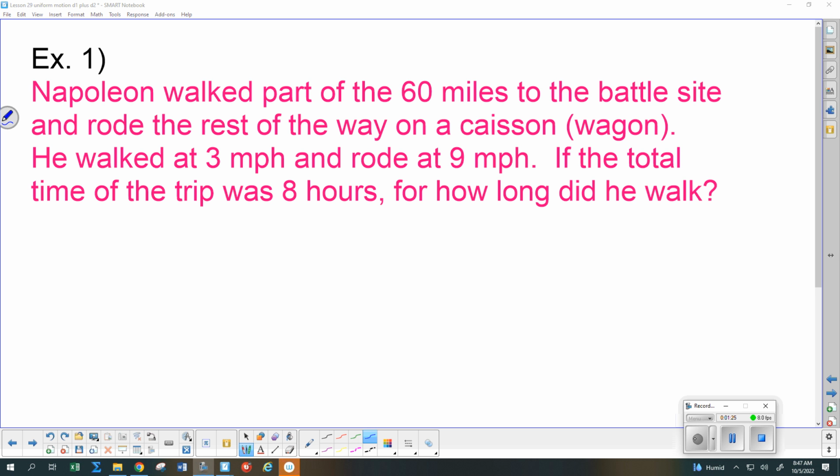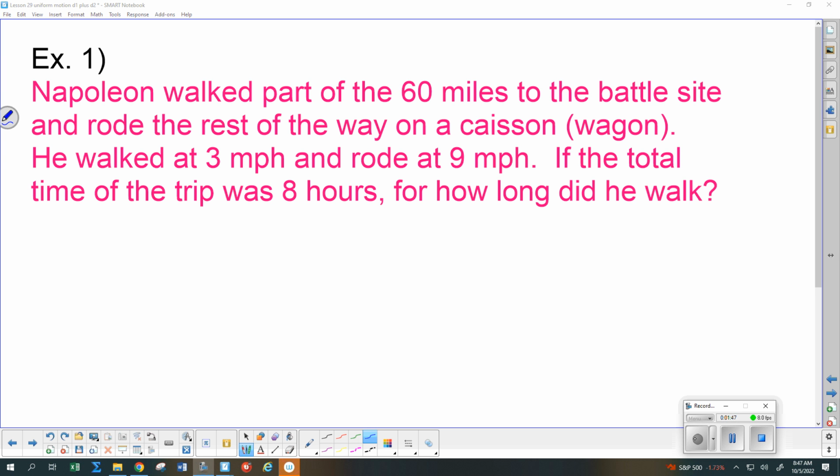So our first example, Napoleon is going to the battle site. And he walks for a while, and then he's tired of walking, so he rides on a caisson. How many of you use caisson in your everyday vocabulary? I sure don't. It's some kind of a wagon, so just something that he could ride in.